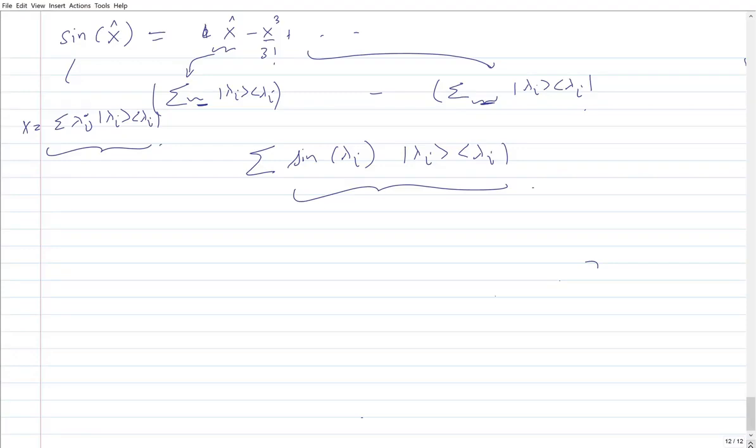So this is an important, useful trick we are going to have. The function of an operator turns into the function of the eigenvalues of the parent operator times the same eigenvectors.